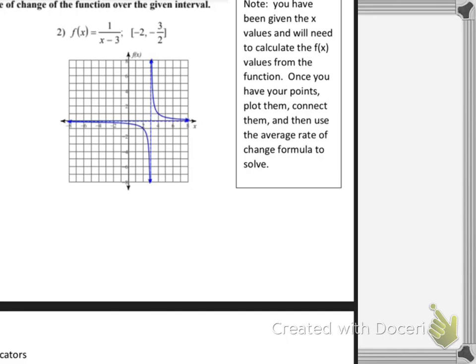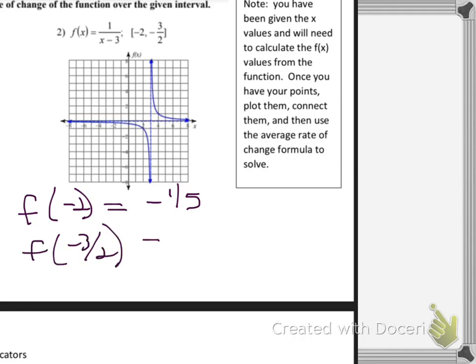What I would urge you to do is put your f of x function in your y1 and get your y values using either the table or your graph itself, asking for the value of the x values that they're giving us. So when I did that, I got 1/5 for f of -2, and for f of -3/2, I got -0.2 with bar notation.